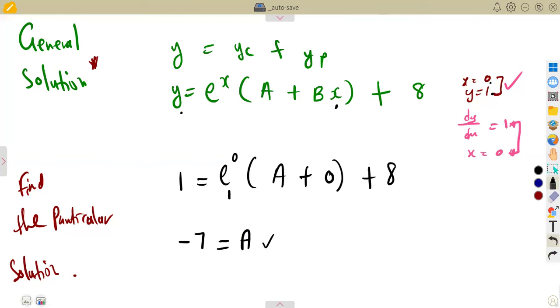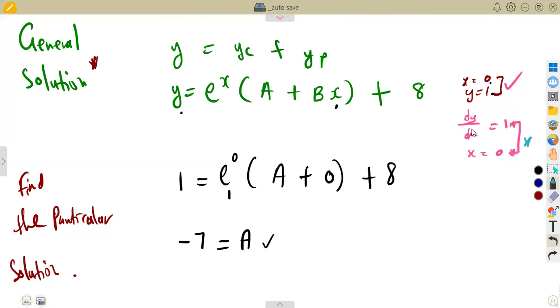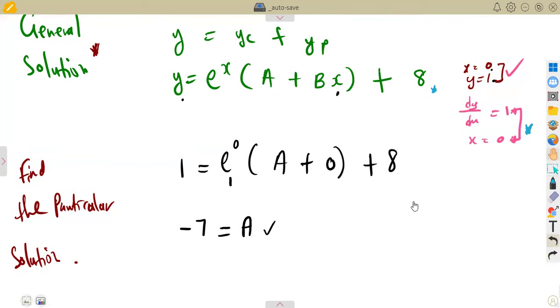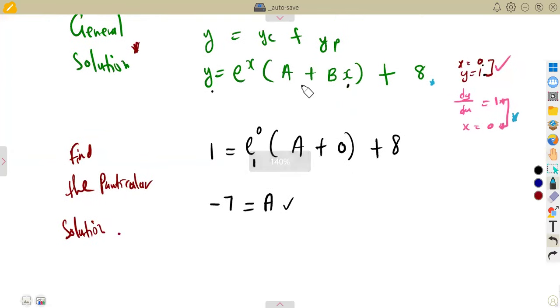So to find b, I'm going to this condition. This time they need you to find dy/dx where x is 0. From this y that we are given of the general solution, we are supposed to determine the derivative of y with respect to x. As you can see, this is a product that we are having on the first two. So the derivative of y with respect to x, I'm going to use the product rule. You can start with u or v, whatever you want.